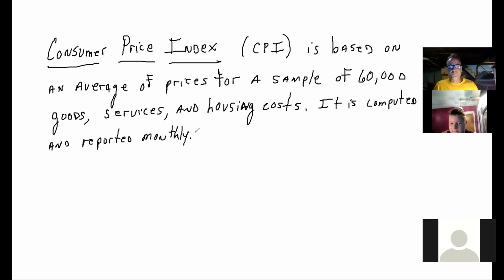So basically, tracking is done over 60,000 different goods, services, and housing costs, and this index number that we're calling the consumer price index is calculated on a monthly basis. All right.